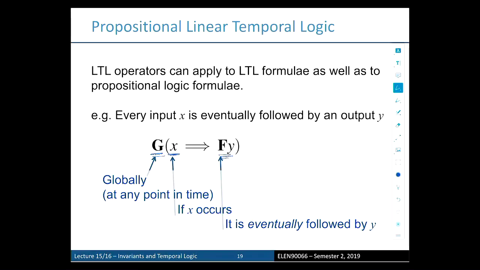So that's how we can construct rather complicated statements. Really that means whenever we observe X, eventually we are going to observe Y. Again, it's a language that allows us to state these sort of statements.